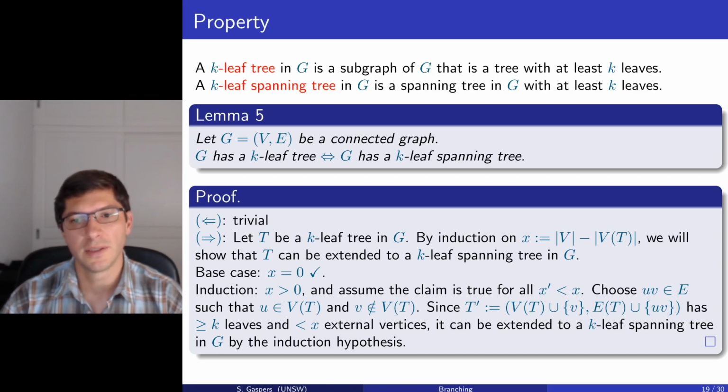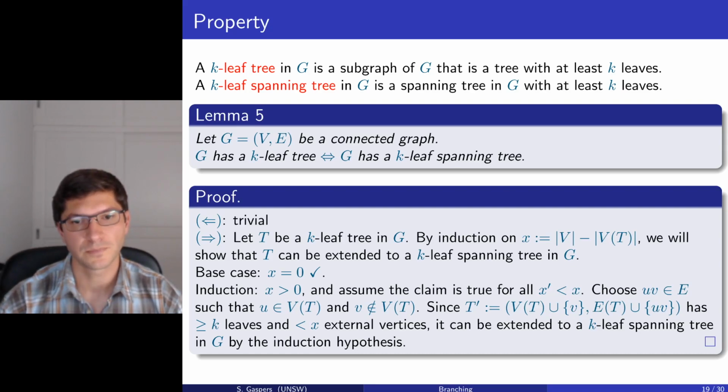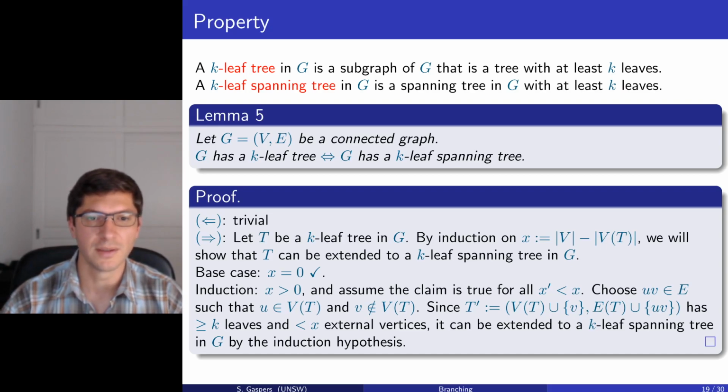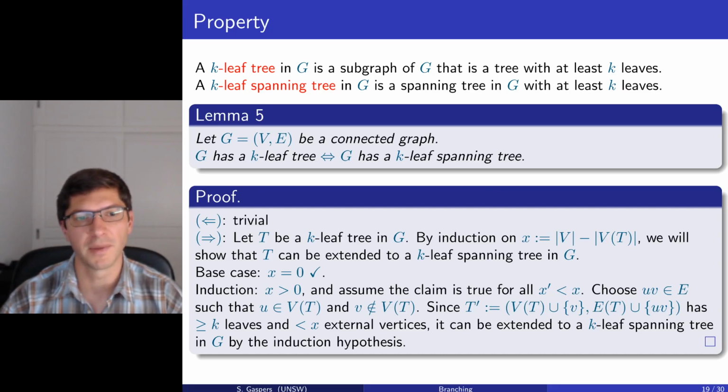So this new tree has at least k leaves, and it has fewer than x external vertices. Since we assume that the induction hypothesis holds for all x' that are smaller than x, we can use it to extend this particular tree to a k-leaf spanning tree by induction.